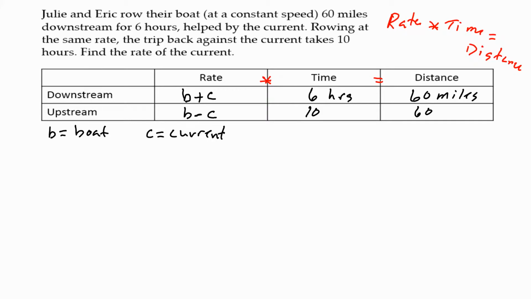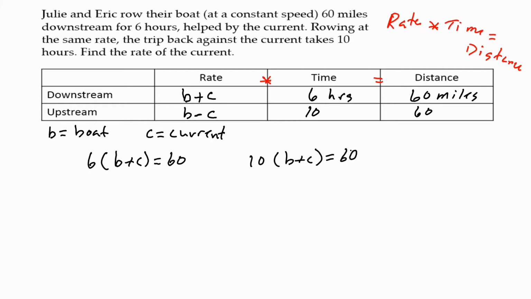Now in this problem, we have two equations. So we have 6 times (B plus C) equals 60. The second equation is 10 times (B minus C) equals 60.